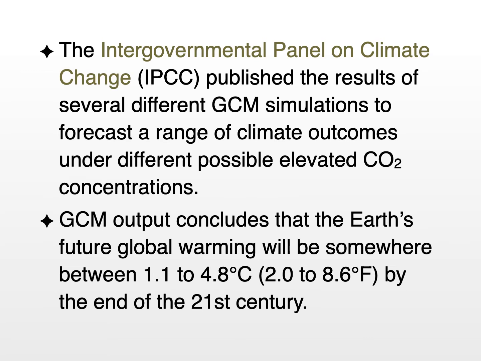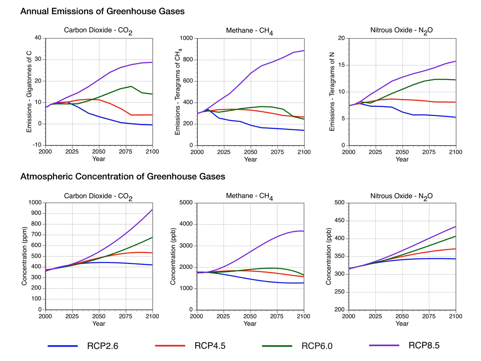The GCM output concludes that the Earth's future global warming will be somewhere between 1.1 and 4.8 degrees Celsius by the end of the 21st century. So that's additional global warming to what already occurred. So here we can see graphs displaying emissions of carbon dioxide, methane, and nitrous oxide under the different scenarios.